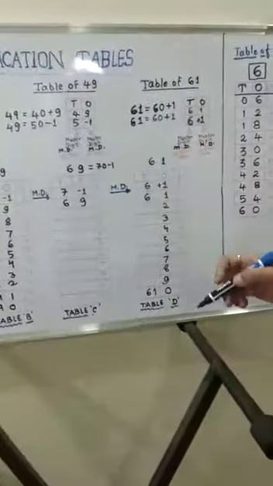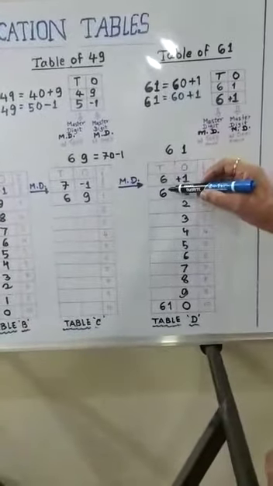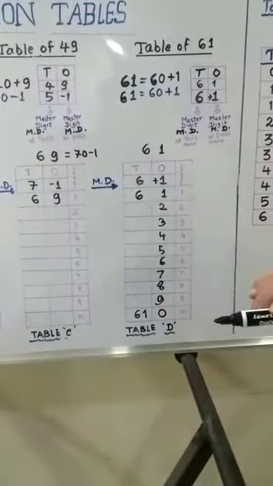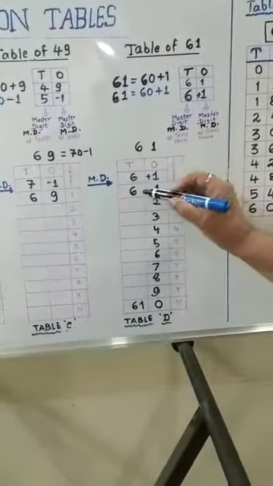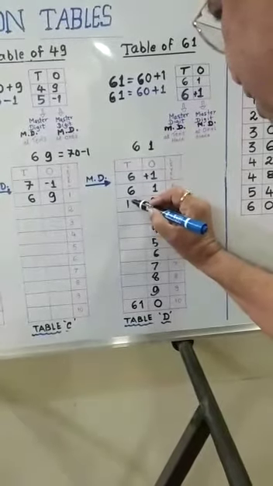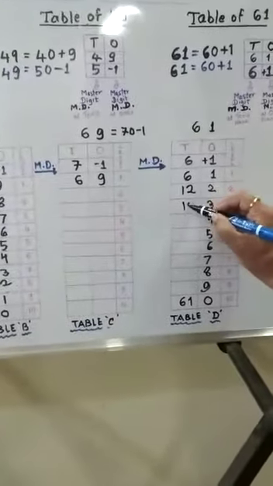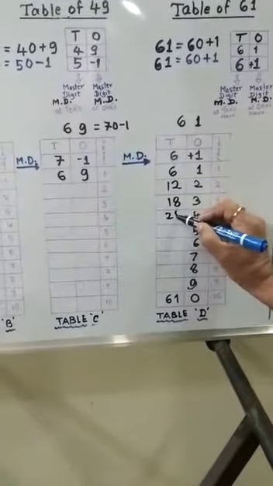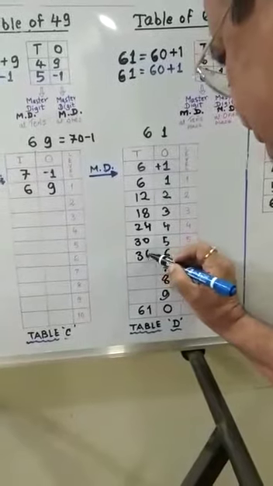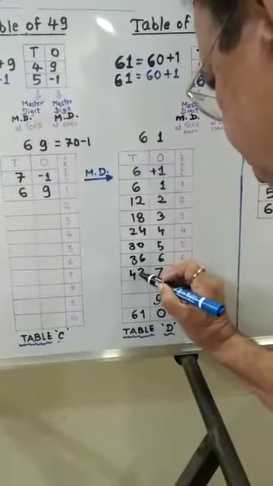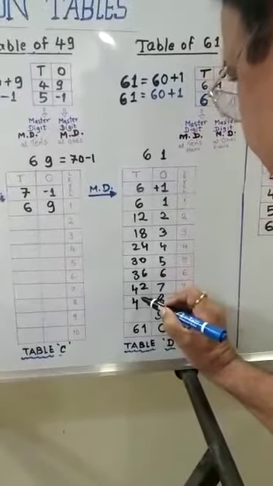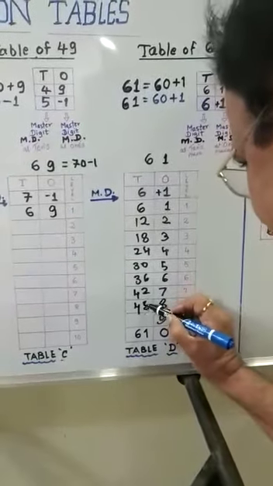Now let's go to the tens place. We need only the numbers from the second place to the ninth place, because the last number is already there. How to get that? Just add 6 each time: 6, 12, 18, 24, 30, 36, 42, 48.